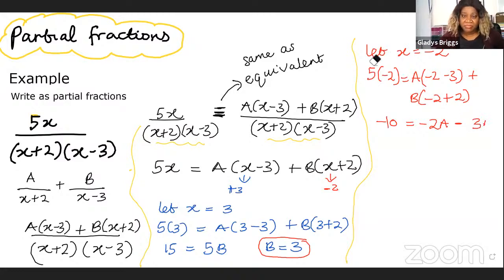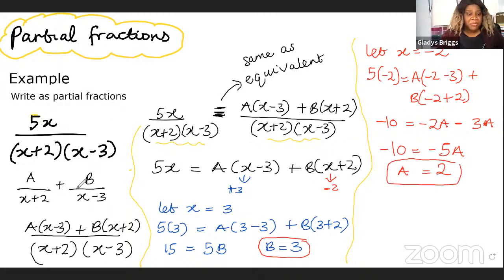Minus 3a. Yeah. And then negative 10 would be equal to negative 5a. Yeah. And then if you divide both sides by negative 5, then a would be equal to 2. Yeah. So we found a and we found b.